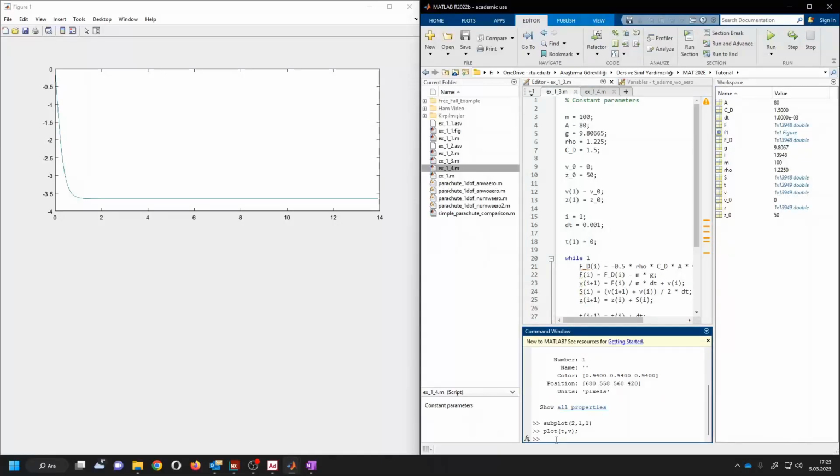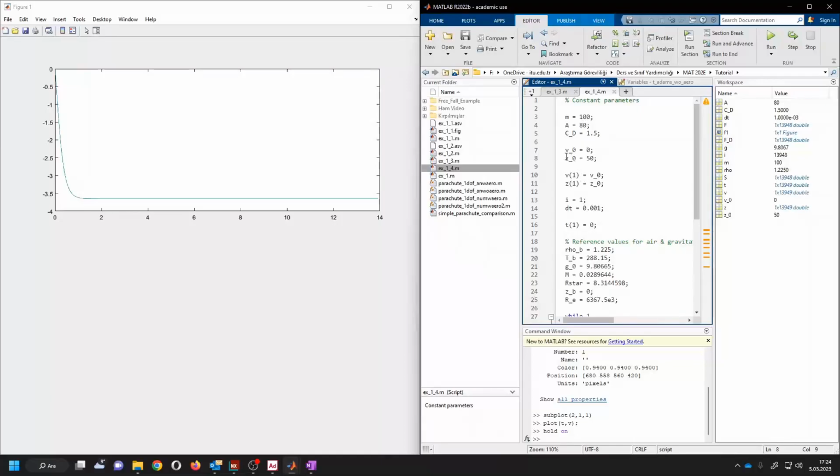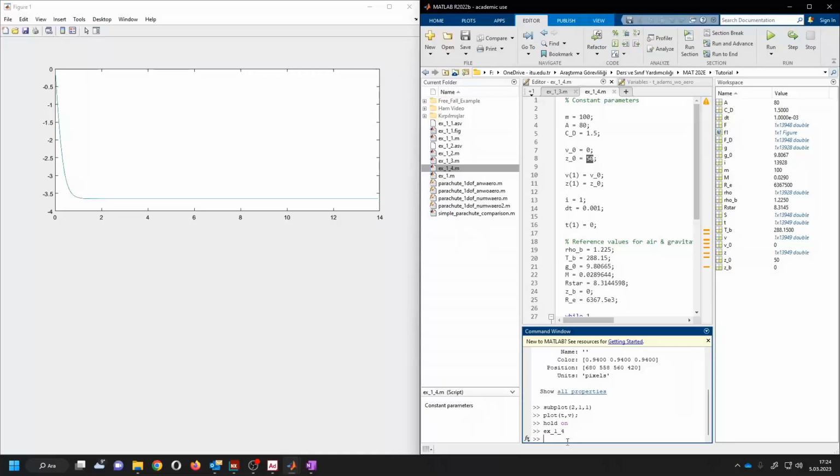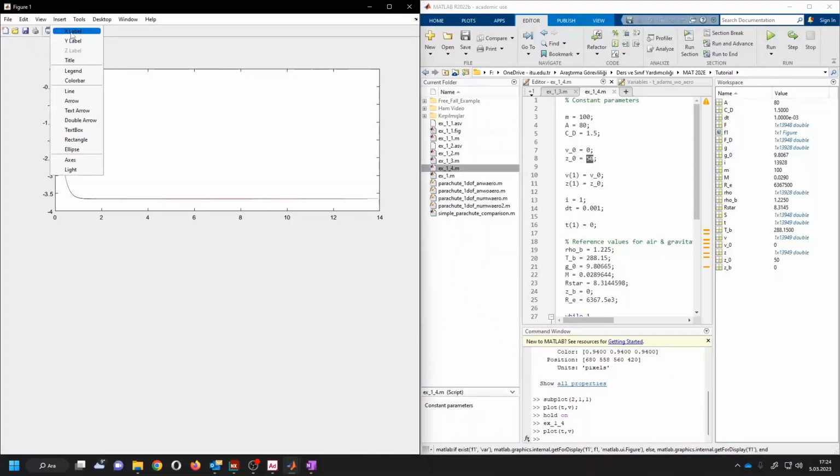So let's hold on and run our second solver with changing gravitational acceleration and changing air density model. Same time step, run. So plot again T and V. Okay, let me insert my labels.